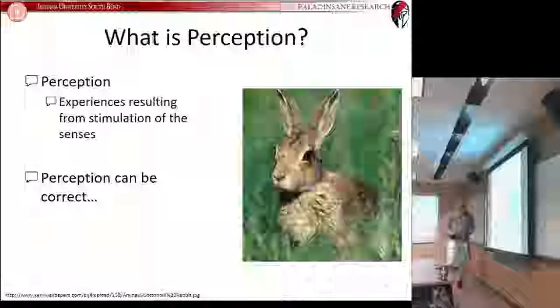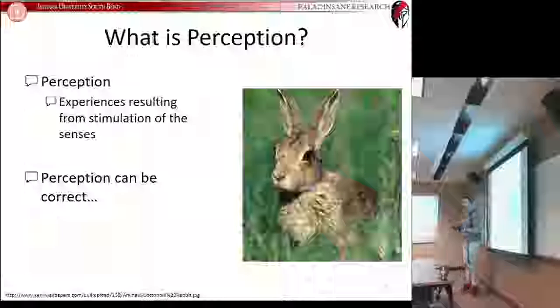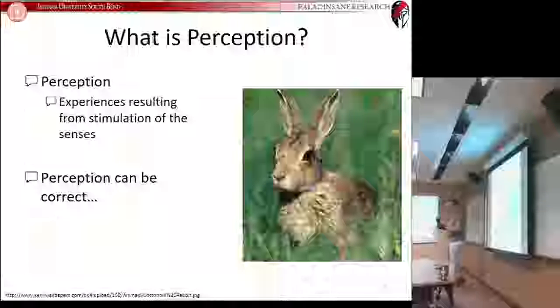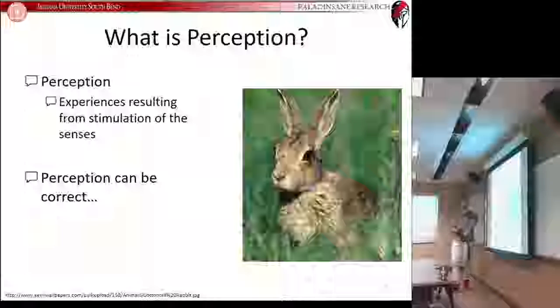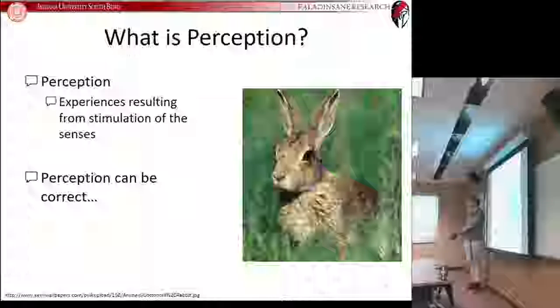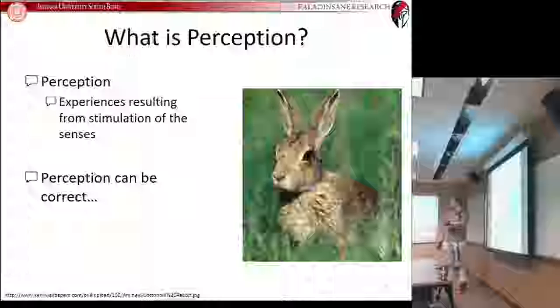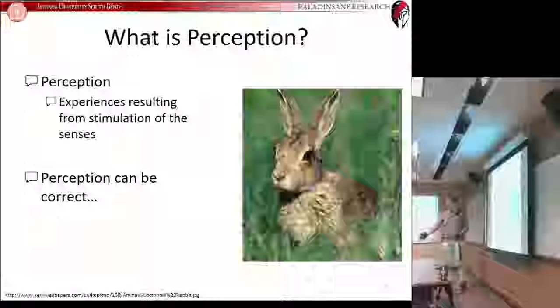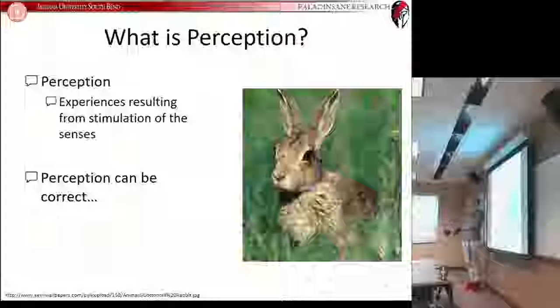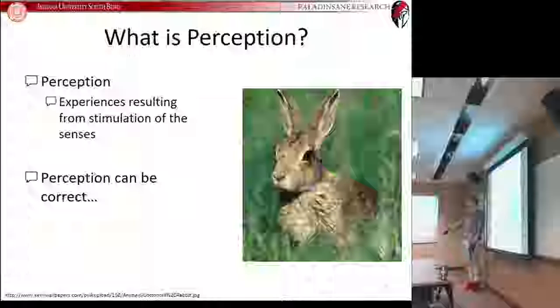All right, so one of the things about perception that gives us a lot of insight about how it works is that perception can often be correct. So sometimes, in fact most often, you see a rabbit in a field, turns out there's a rabbit in the field. Most times you see a chair that you want to sit down on, turns out the external reality is there's a chair that you want to sit down on.